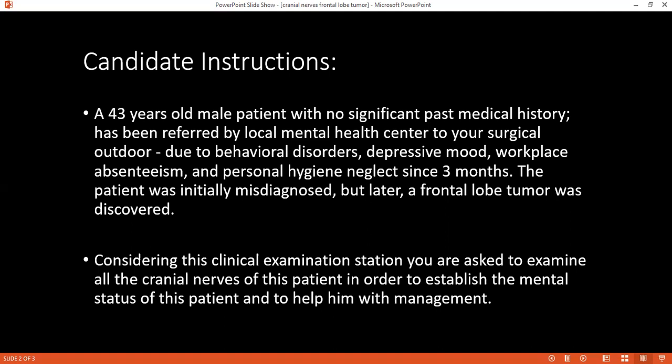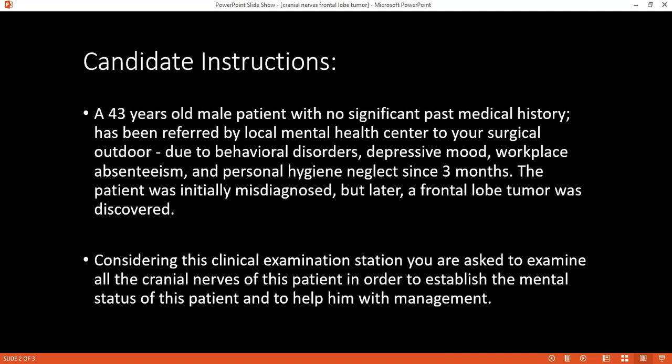After this, I move to the ninth and tenth, ask the patient to cough and say ah, and see the uvula movement. I ask the patient for the eleventh, movement against resistance of his neck, and the twelfth, protrude his tongue, and he tries to move his tongue against the cheek.